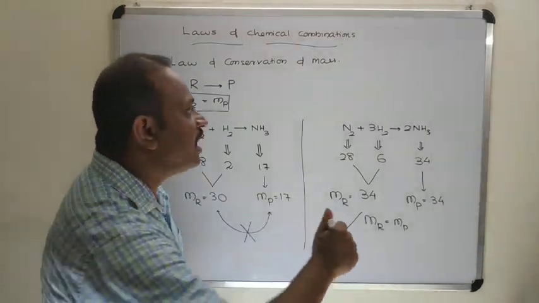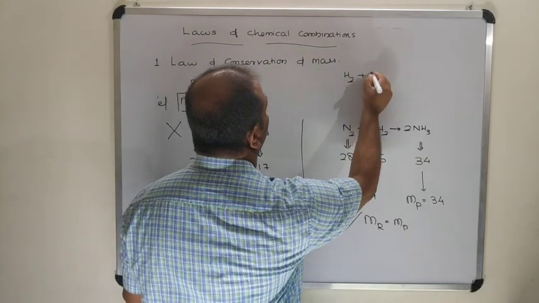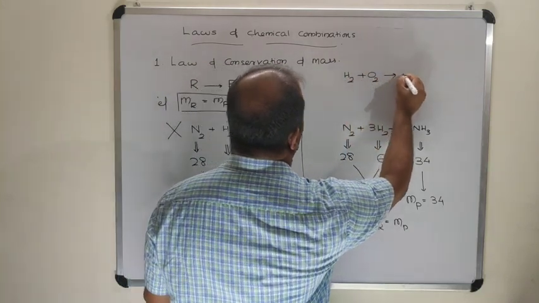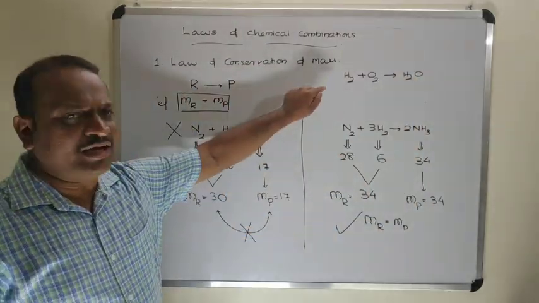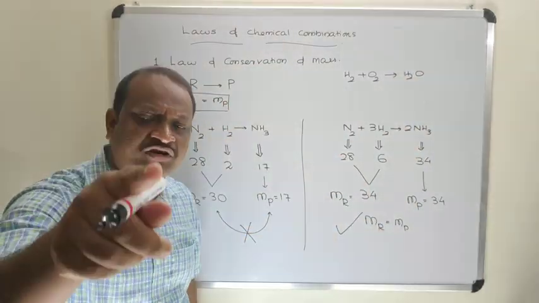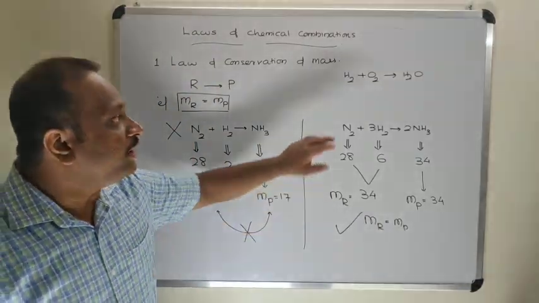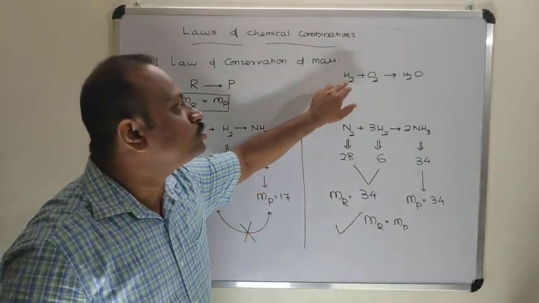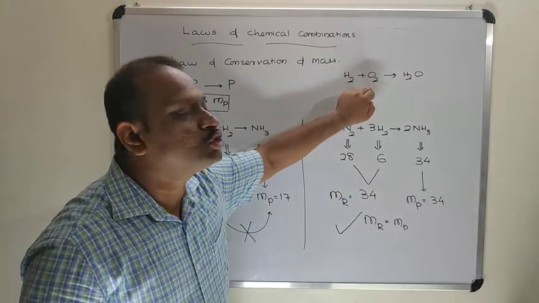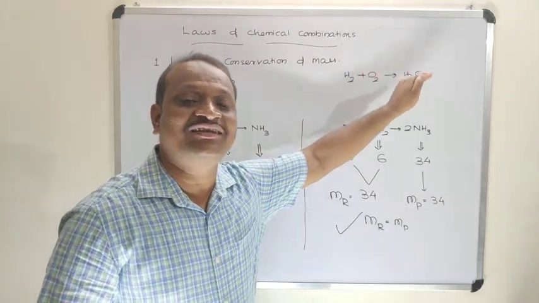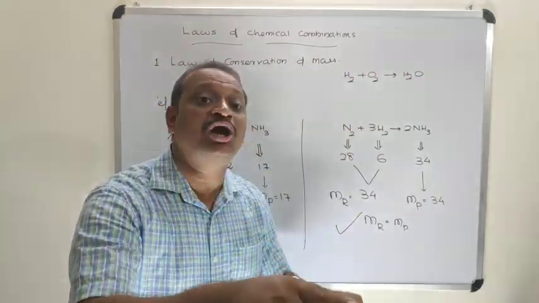Say for example, I am just writing one reaction here. H2 plus O2 gives you H2O. See this reaction, and now just by looking at this reaction you can say whether this reaction obeys law of conservation of mass or not. See, in this case we have 2 hydrogen atoms here. Here we have 2 oxygen, but on the right hand side we have only 1 oxygen, which means it's not balanced.